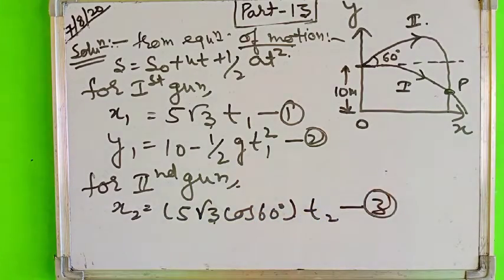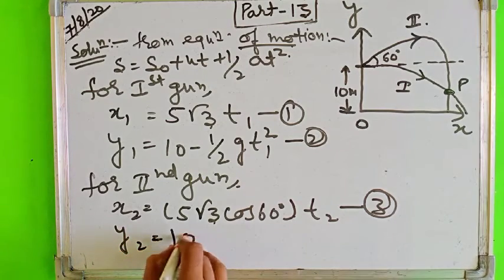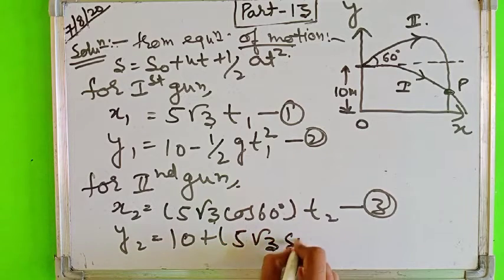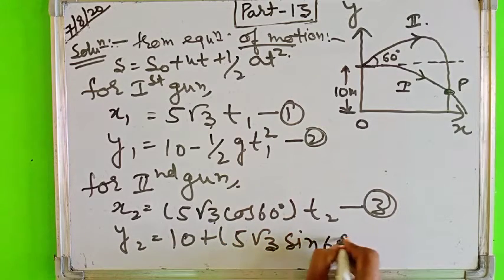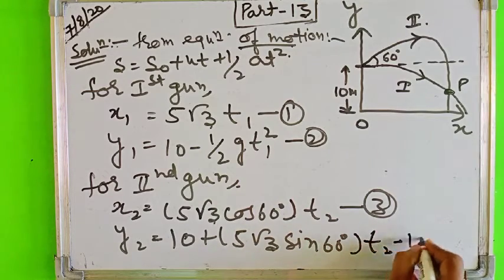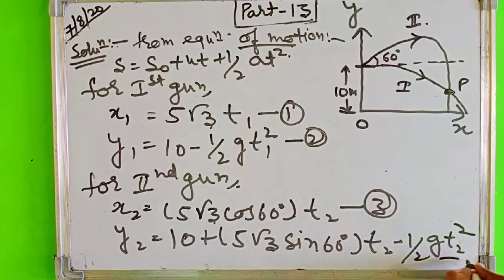This is equation number 3. And y2 is equal to 10 plus 5 root 3 sine 60 degree T2 minus half g T2 square. This is equation number 4.